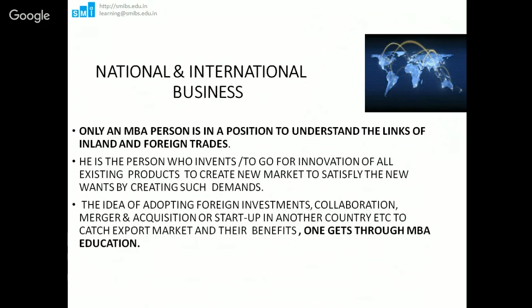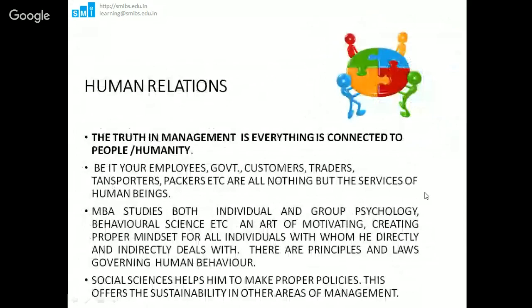Otherwise, each nation has its own competence, its own monopoly, and that monopoly will break. So this knowledge of foreign trade is a must for today's entrepreneurs.